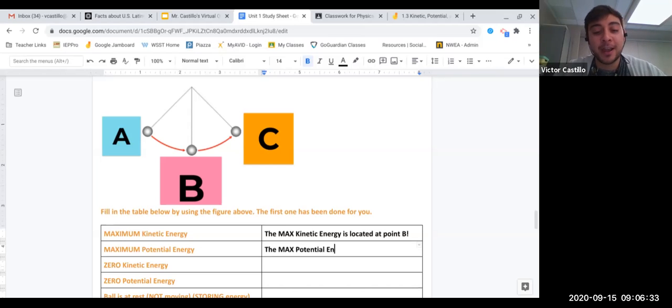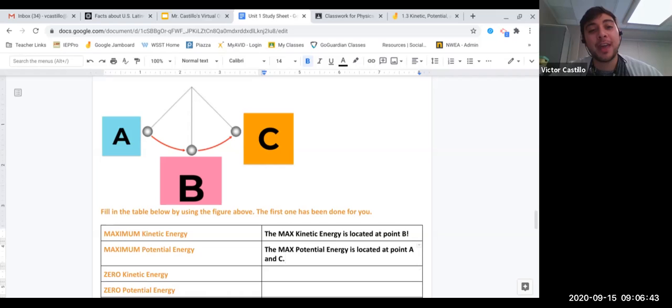The max potential energy is located at point C, but not just point C, also point A, because they're both at the highest point. At the highest point, the ball is not moving. So if it's not moving, that means it has max potential energy. So it's two points, point A and point C, okay?